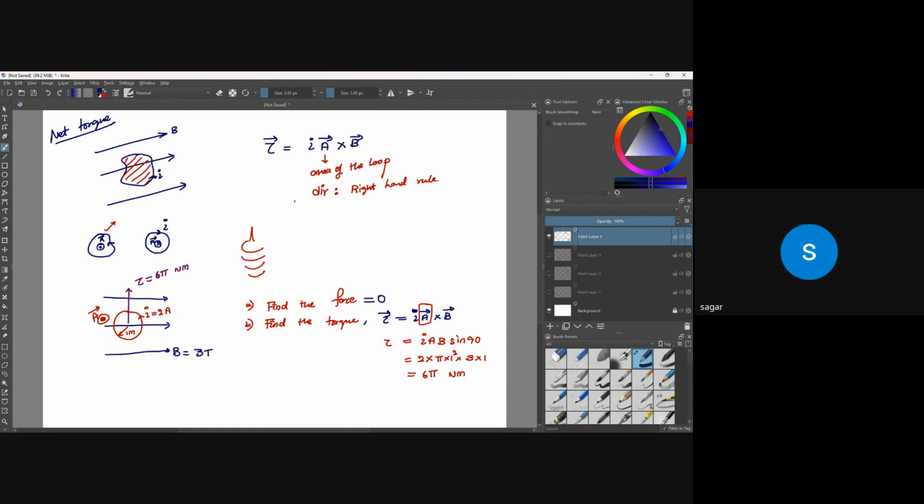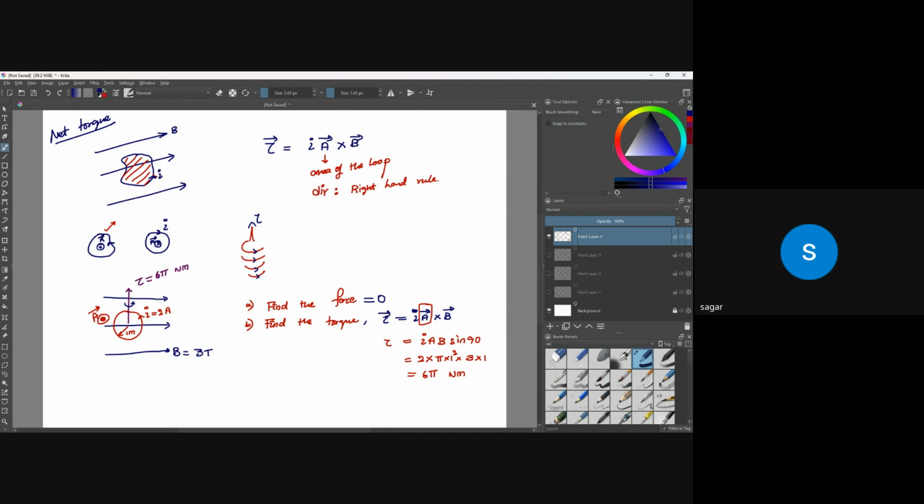Torque being upwards, that is the direction of torque, it simply means the ring is going to rotate like this. That's how the torque is going to rotate. So that's what direction of torque means.